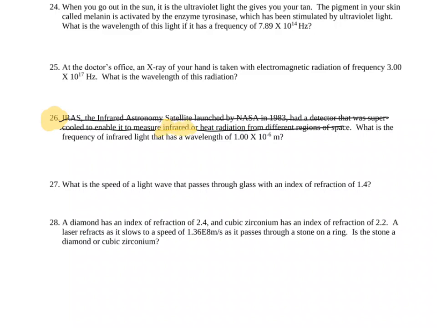That part is important because it is an electromagnetic wave, and hopefully by now you know that all of these waves have a velocity of 3 times 10 to the 8th meters per second. So I want to know, what is the frequency of infrared light? So I'm solving for f.